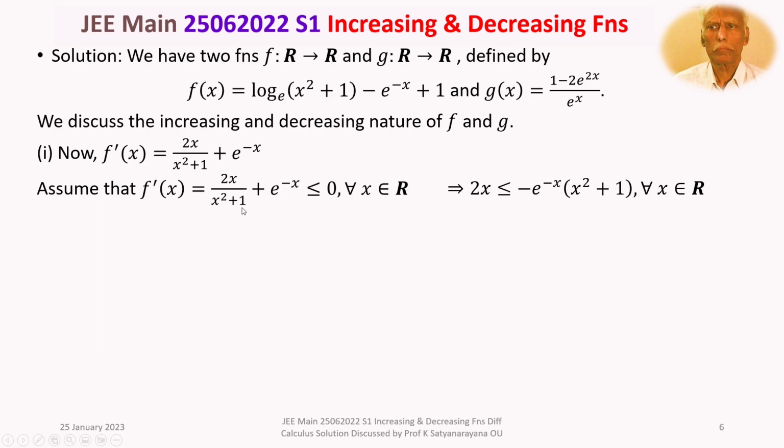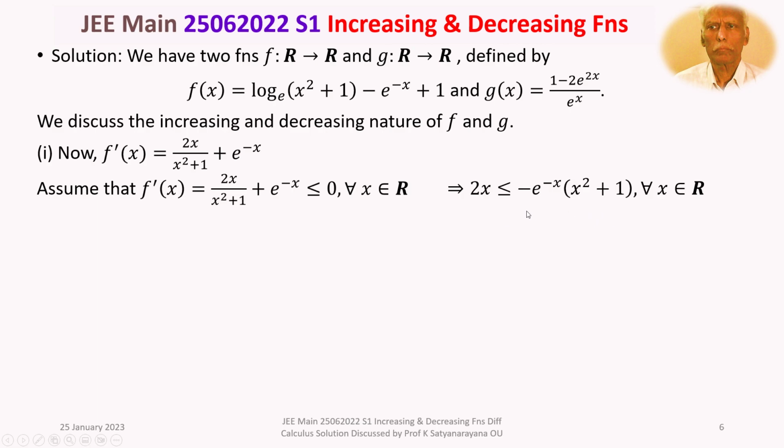Multiplied throughout by x square plus 1, we get 2x is less than or equal to minus e power minus x into x square plus 1 for all x belongs to R. And we need not worry about the inequality because x square plus 1 is always positive for all values of x, so the inequality will not get disturbed.